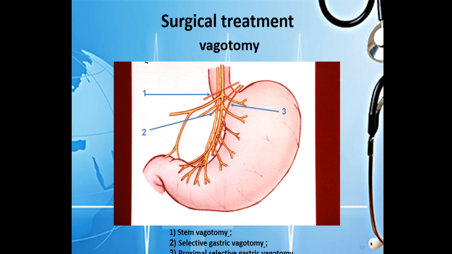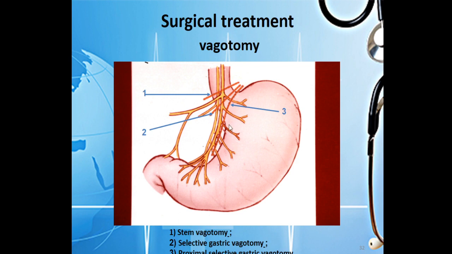The last operation of vagotomy is selective proximal vagotomy. We say this is the best type of vagotomy operation. I can show you the direction of the incision, this one. In this case, we don't touch the lateral nerve, the trunks of the vagus nerve.